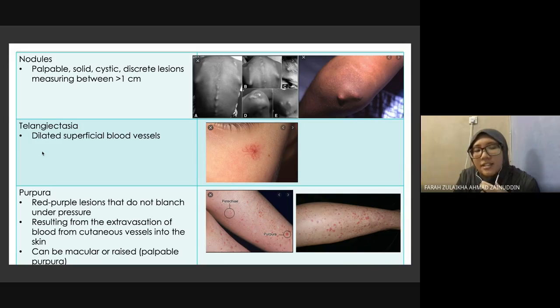Telangiectasia is the dilated superficial blood vessels. Next is purpura, or we can also call it hemorrhagic rash. It is a red-purple lesion that does not blanch under pressure, resulting from extravasation of blood from cutaneous vessels into the skin. It can be macular or raised, like palpable purpura.